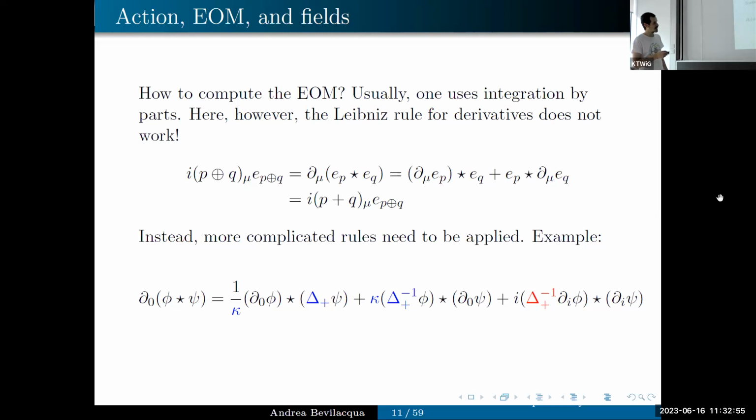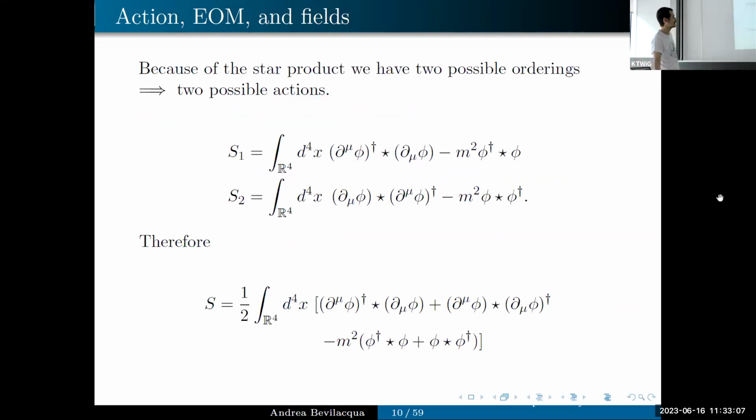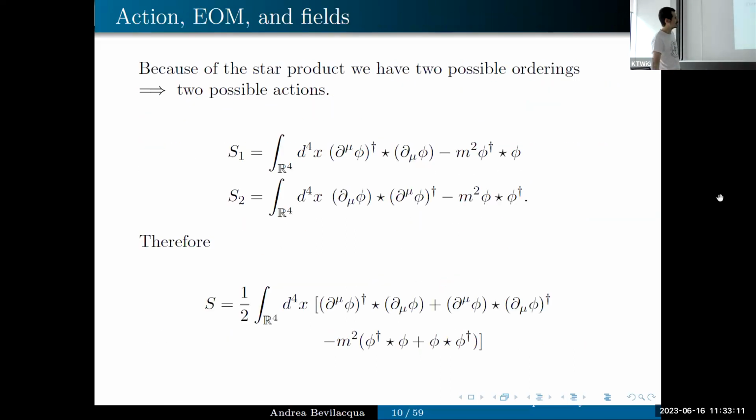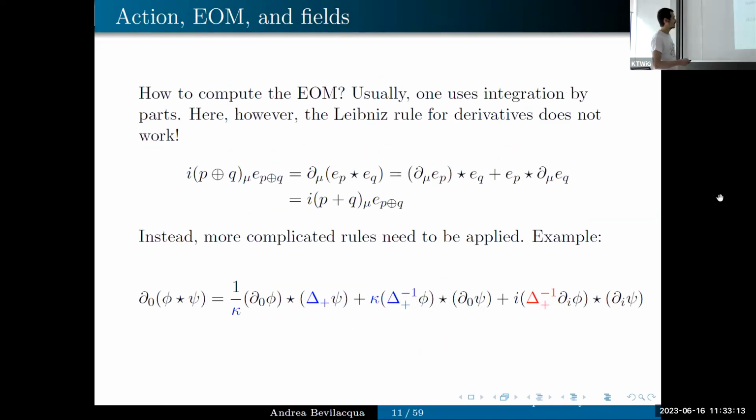But now this is once again a derivative acting on a canonical plane wave. And so we get this. So if the derivative actually satisfies the Leibniz rule, then the deformed sum must be equal to the canonical sum. And we know it's not true because we showed it already here. So the derivative must not satisfy the Leibniz rule, and more complicated rules need to be applied.